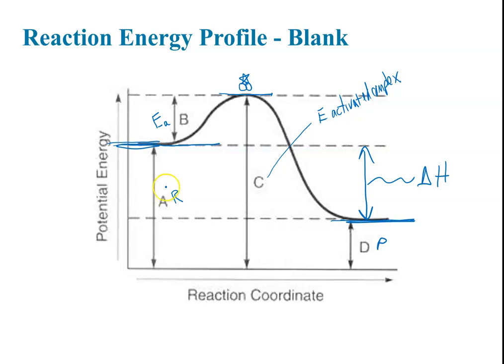So again, A, reactant energy, D, product energy, B, activation energy. The difference between A and D is the energy of the reaction, called the delta H, or delta H reaction, sometimes written delta H RXN. And C is the energy of the activated complex.